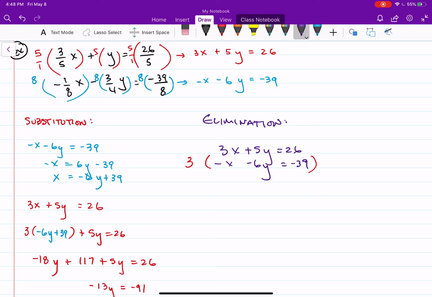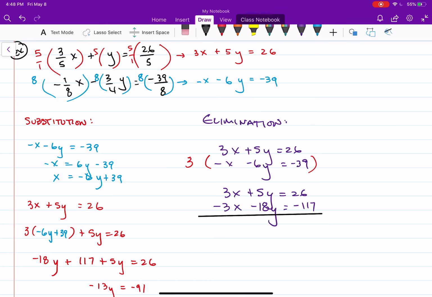So I got the top is 3x plus 5y equals 26. The bottom I'm going to get a negative 3x minus 18y equal to a big number. 39 times 3 is going to be a negative 117.